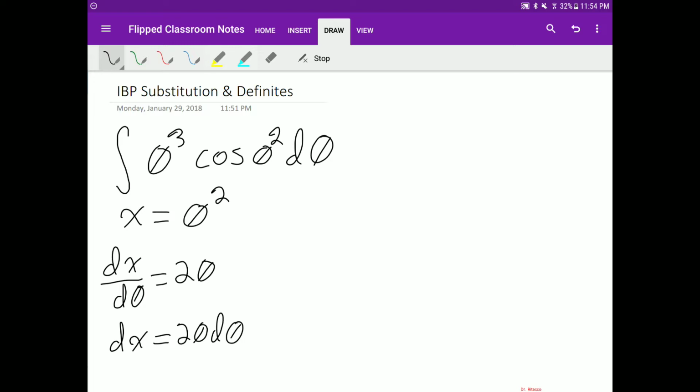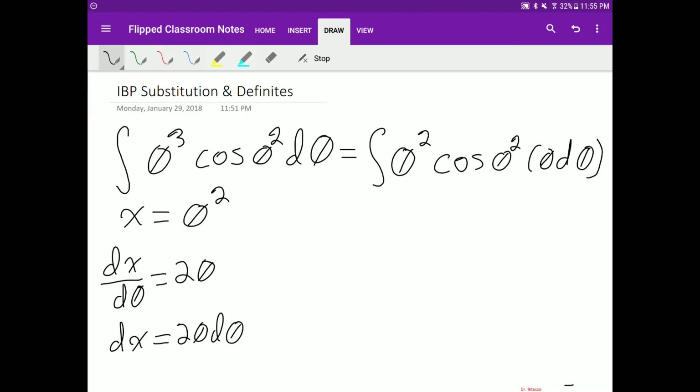All right. That may not be obvious what I'm about to do, but now I want to take that and make a substitution to my function. Okay? So if I rewrite this, integral theta squared cosine theta squared times theta d theta.